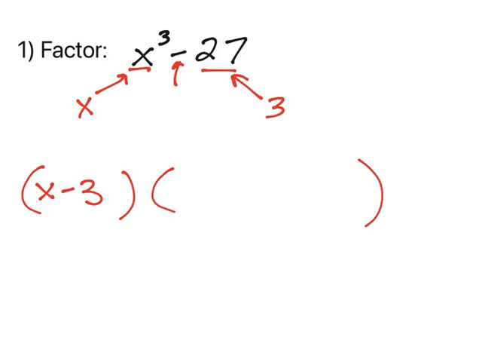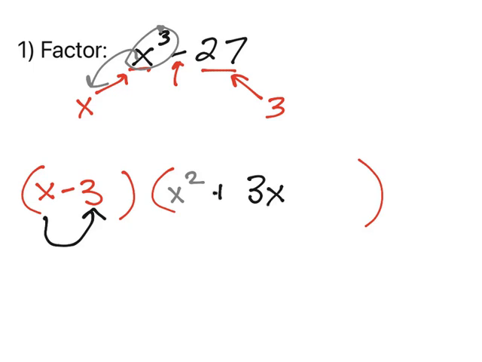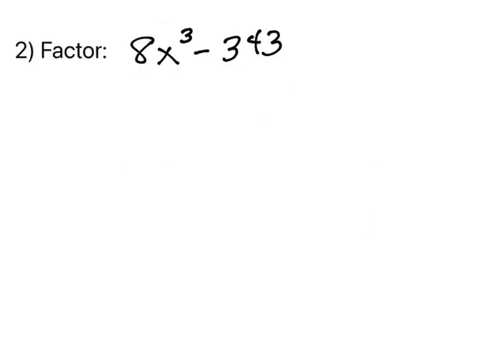Now, when I go to my trinomial, I had x cubed, I got rid of an x, so I have x squared. Now I take x times 3, which gives me 3x for my middle term. It was minus, so I'm going to add in the middle. And then the last term, 27 divided by 3 is a positive 9. And that is the complete factorization of that difference of cubes.